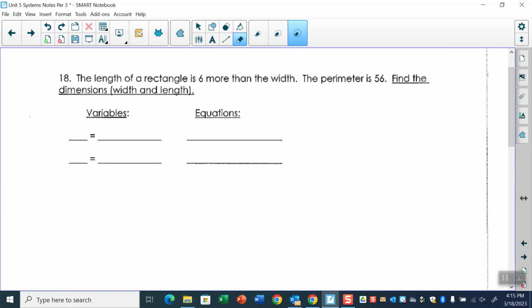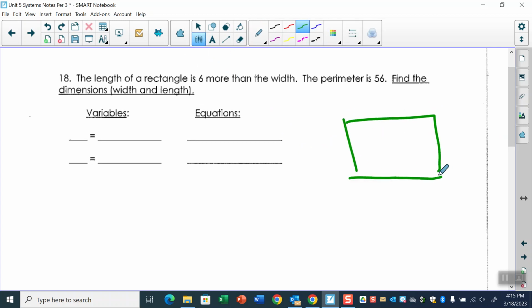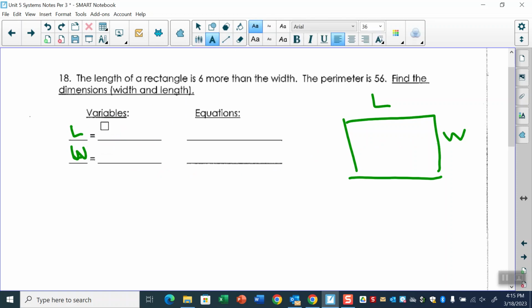Okay, so now we have another rectangle question. So here's our rectangle. We've got the length and the width, right? And so those are my two variables. L is the length.